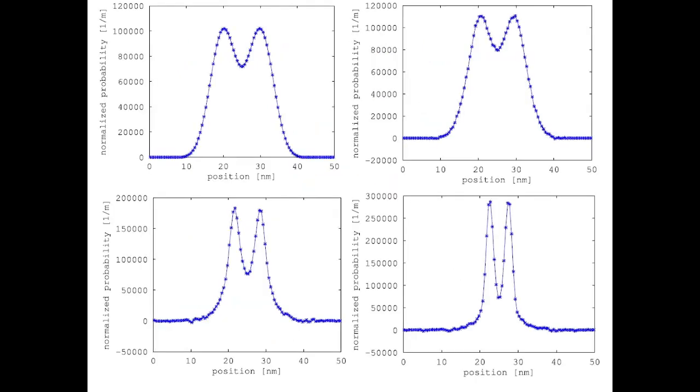Now if we let the system evolve in time, this is what we observe in the configuration space. This is the position, and this is the probability in arbitrary units. Initially we have two peaks, which is no big deal. These two peaks correspond to the initial conditions of two electrons centered around these two centers.